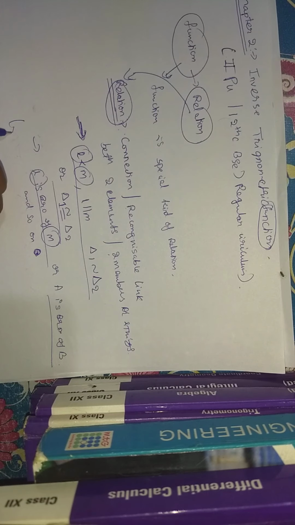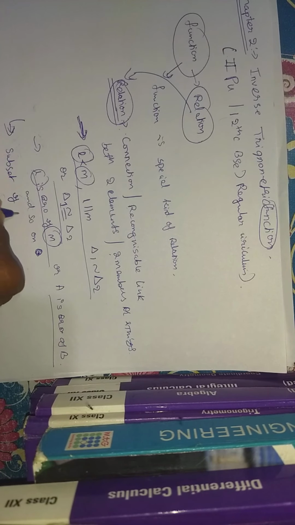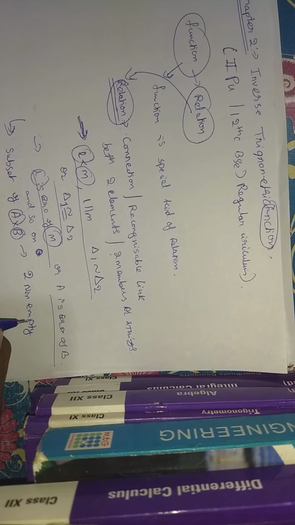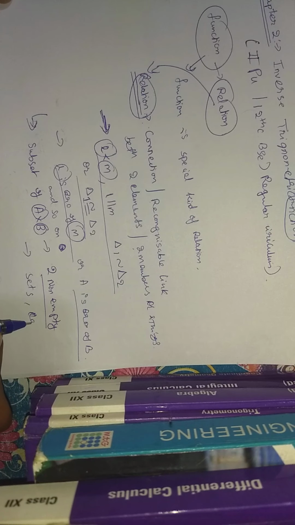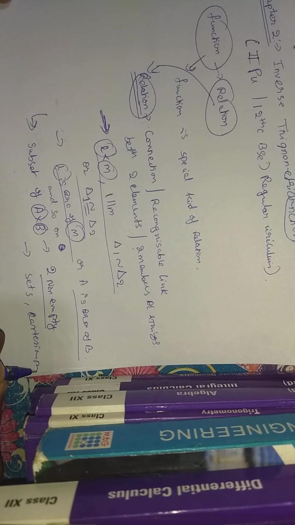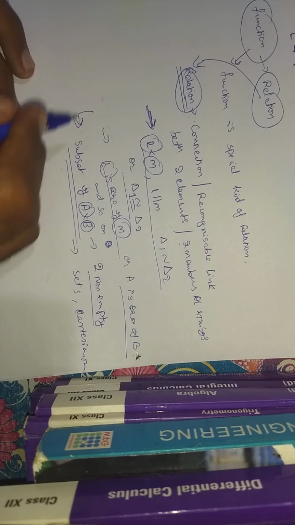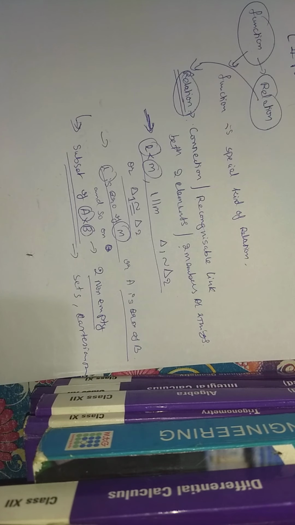And one more thing, in maths, relation has one formal definition, that is subset of A cross B. A and B are two non-empty sets. I will assume that the student who is watching this video is aware of what is sets, Cartesian product. And also I will assume that he will be knowing what is subset of. So the definition of relation is subset of Cartesian product A cross B.